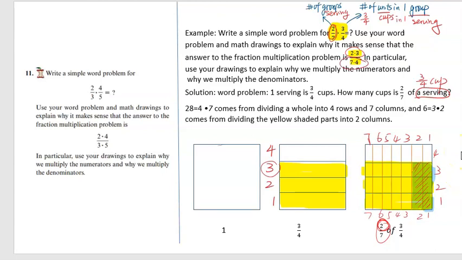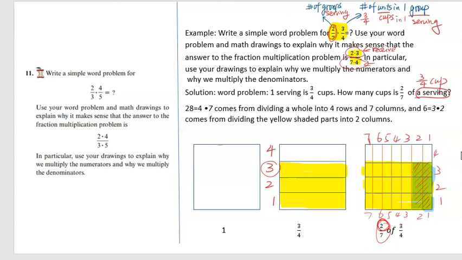So what we got is 2 columns, 3 rows. That's what we received, or ate, in this case. I'm going to just put a receive. And the bottom is compared to the entire whole. I'm sorry, actually it's not 1 serving, it's 1 cup.